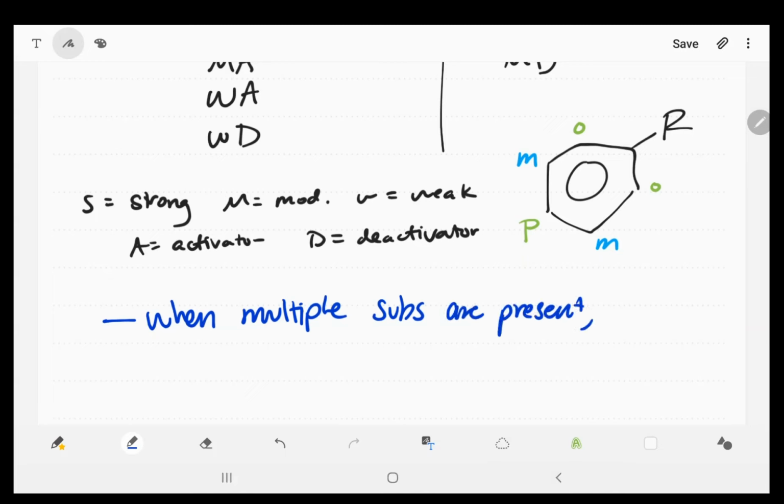If you have multiple R groups on your benzene, your strongest activator will win.